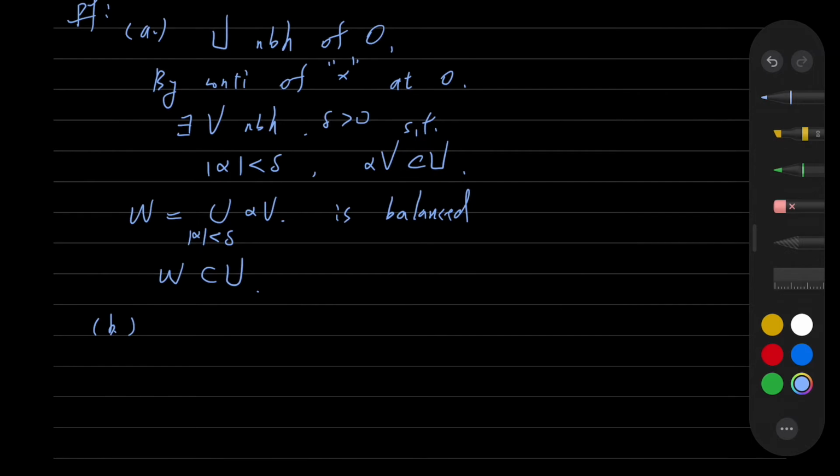So as before, we let U be the neighborhood that we're working on, and it's convex now. So it's a convex neighborhood of 0.